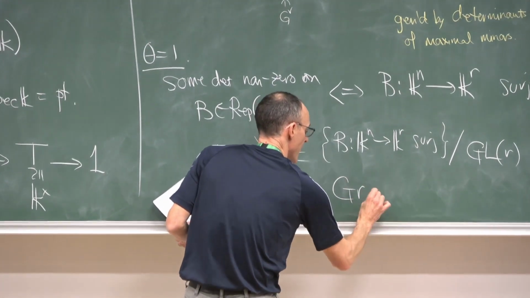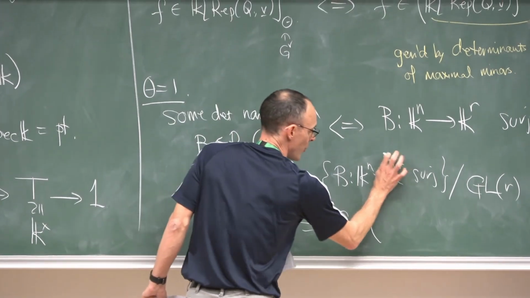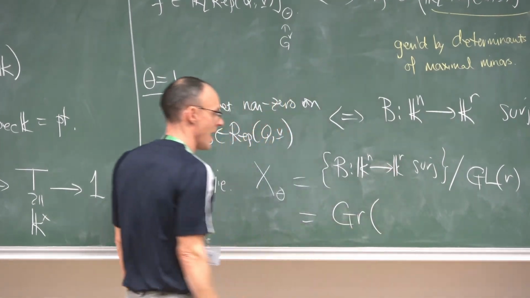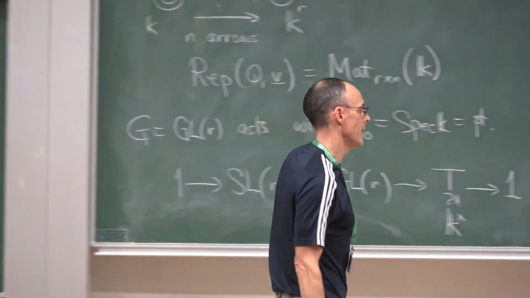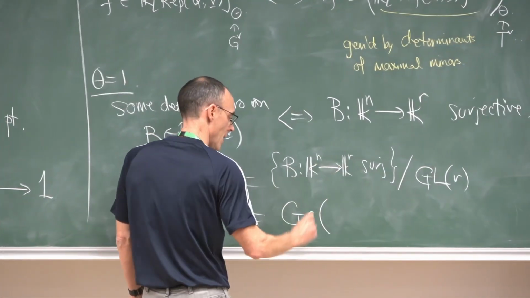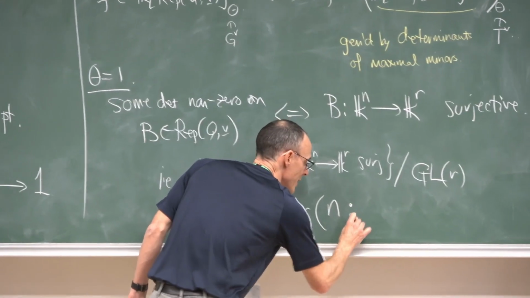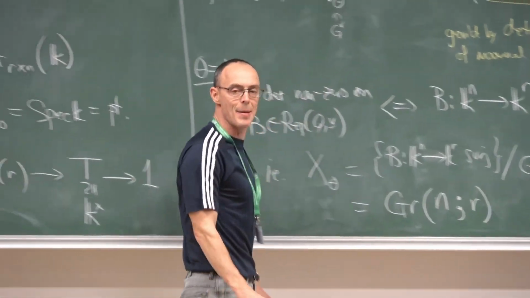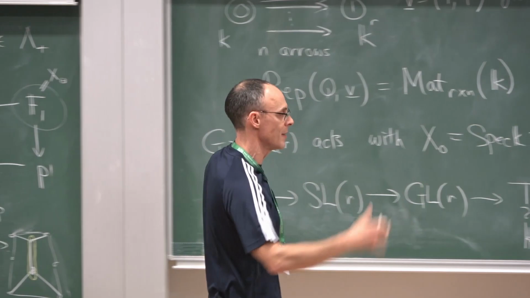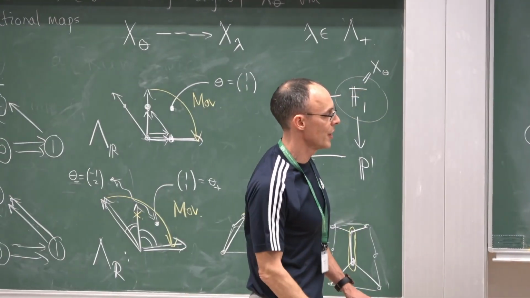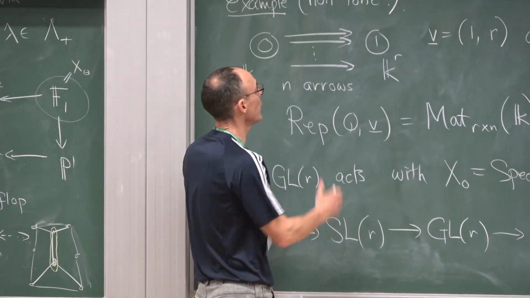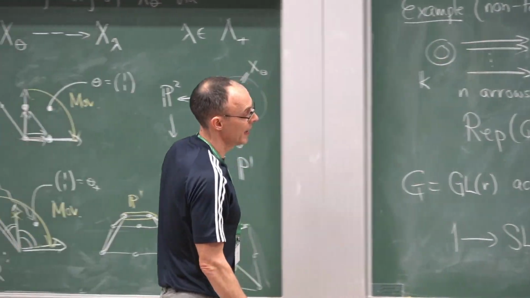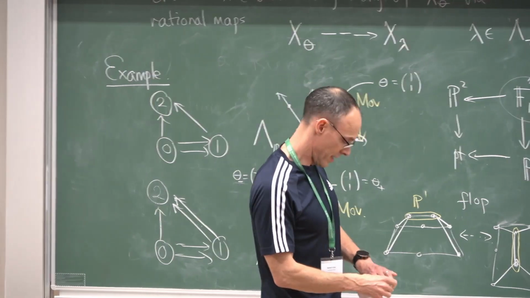This is the Grassmannian of, right, so of course people would naturally like to think about the Grassmannian as subspaces of dimension n minus r in a fixed n-dimensional vector space. I prefer the quotients, so I'll use the notation n semicolon r as a reminder that r is the dimension I'm parameterizing quotients, not subs. So for theta equals +1, this quiver gives us the Grassmannian.